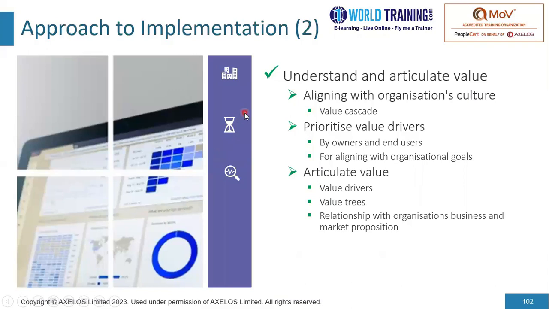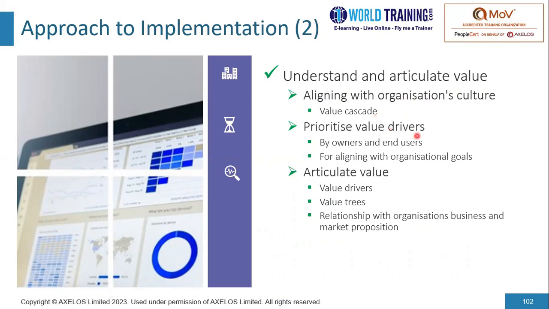A few more ideas in terms of the approach to implementation: understanding and articulating value, aligning with the organization's culture. It is good to use a value cascading tool. We'll look into an example of a value cascade. Prioritize the value drivers.